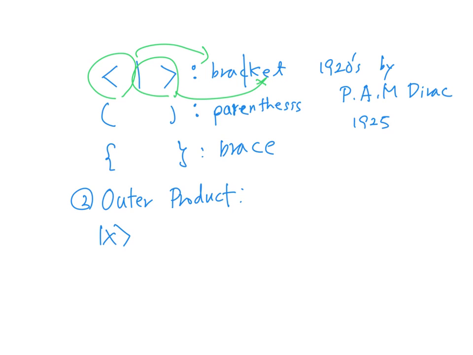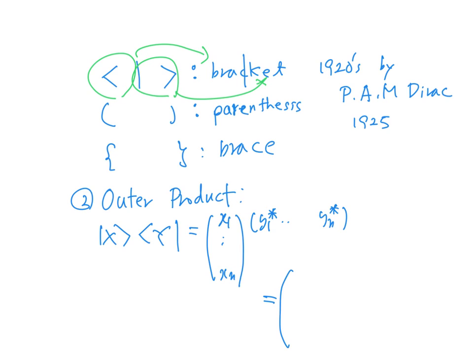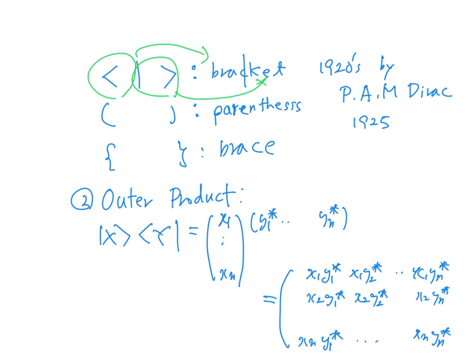Simply, x1 y1 complex conjugate, x1 yn complex conjugate, xn y1 complex conjugate, xn yn complex conjugate. So the outer product is a way of enlarging the matrix dimension. So the outer product is n by n.